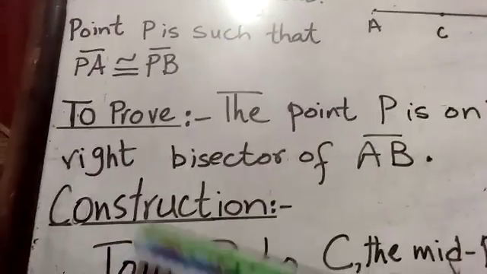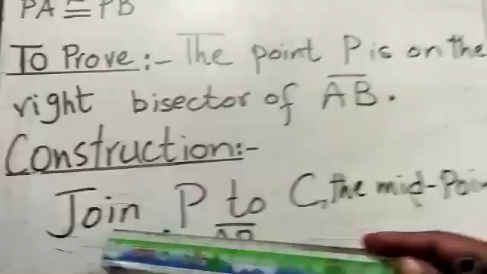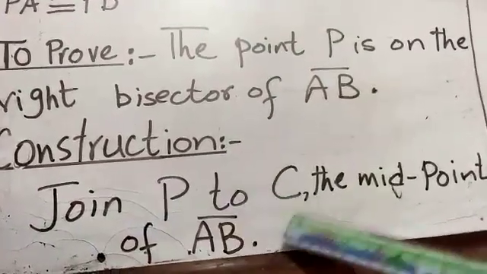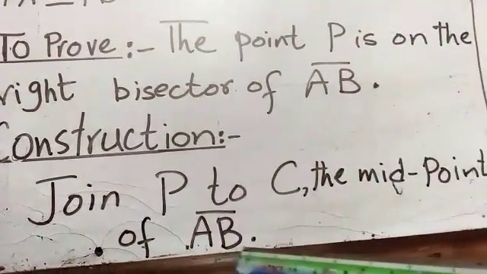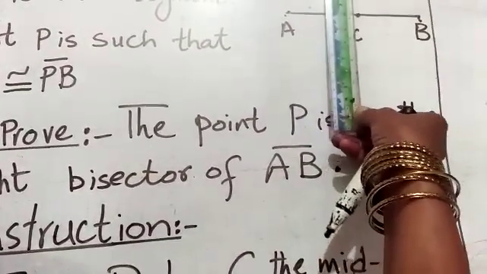Now we will write the step of construction. Join P to C, the midpoint of AB. Now we will join P to C like this.